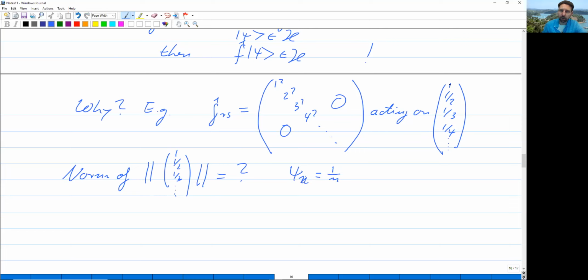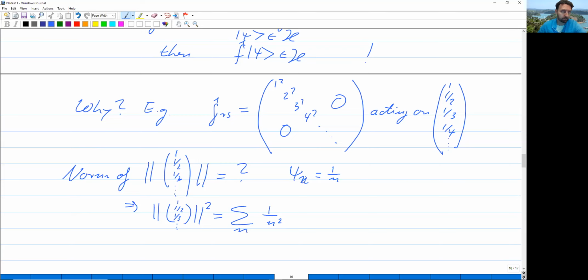So psi 1 is 1 over 1, psi 2 is 1 over 2, then 1 over 3, 1 over 4, that's always 1 over n. So these are the coefficients of our column vector. Therefore, the norm of this vector squared is the sum over all n of 1 over n squared.